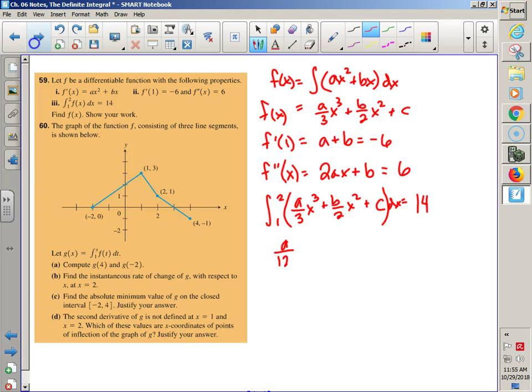That'd be a over 12, true? x to the 4th, plus b over 3 times 2 is 6, x cubed plus cx equals... c. What are you supposed to do with c? More variables.